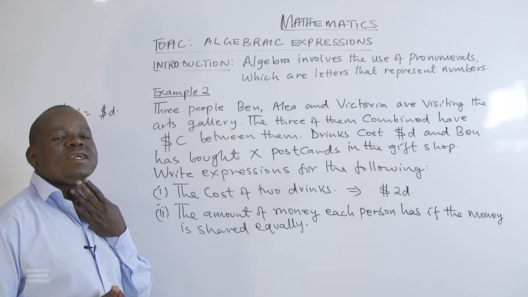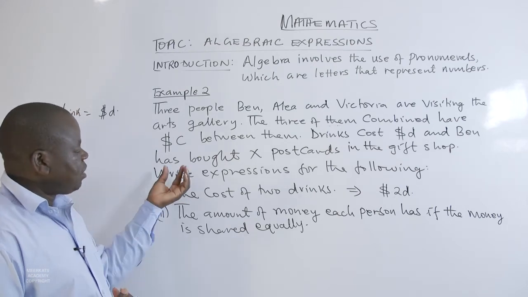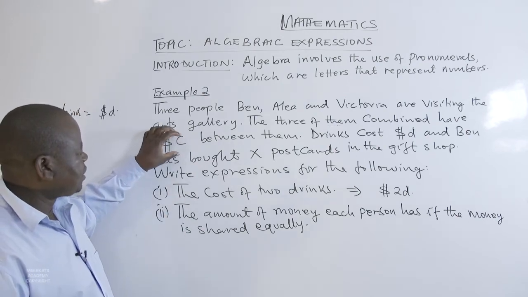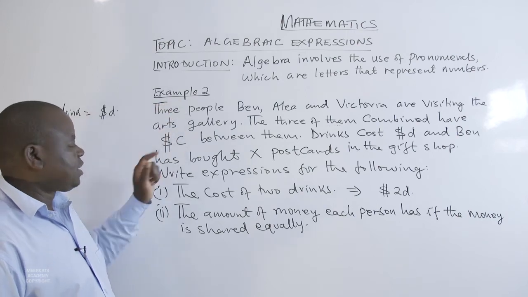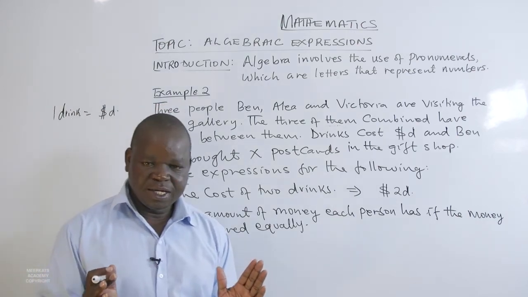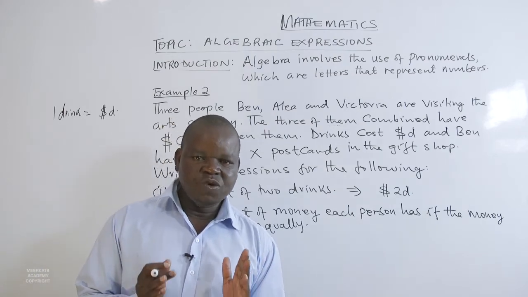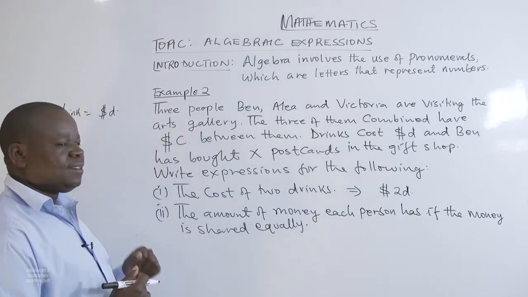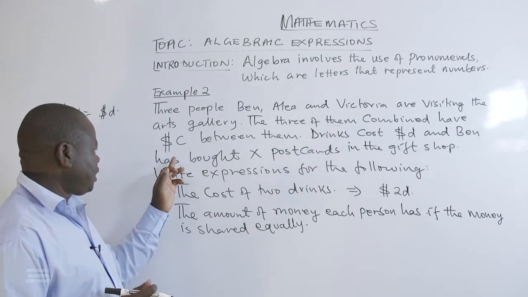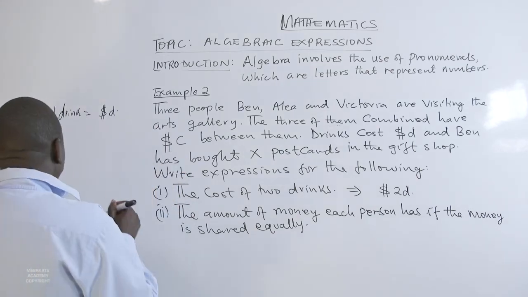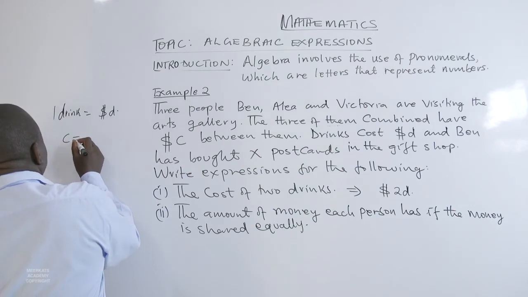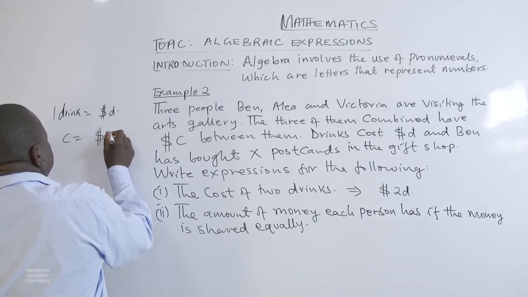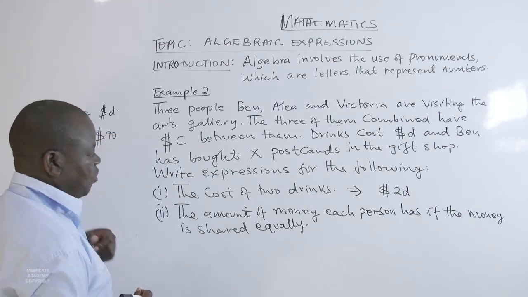They are 3 and they have agreed to contribute so that the total amount of money that will help us visit the gallery successfully be C. So each person here is mandated to give an equal share of what they require at the gallery. And what they require at the gallery is C. So let's assume that this C is equal to $90. That is an example, $90.